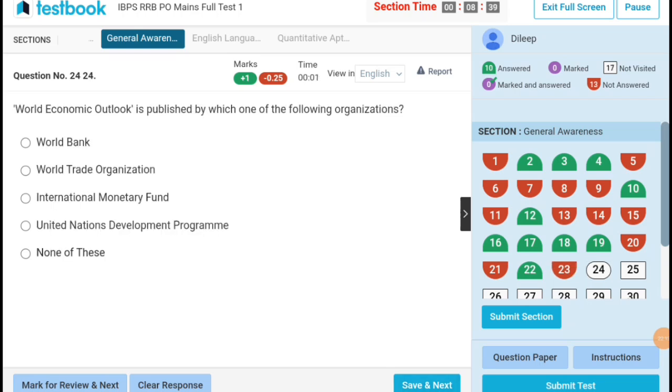World Economic Outlook is published by which one of the following organizations? I think WTO or UNDP or IMF.